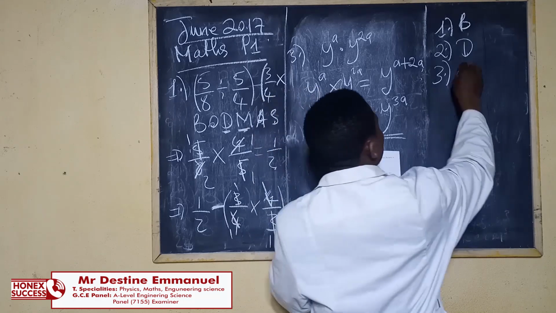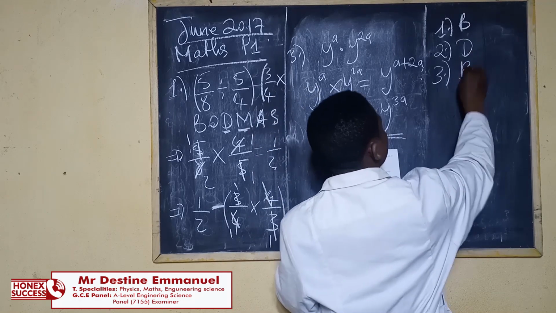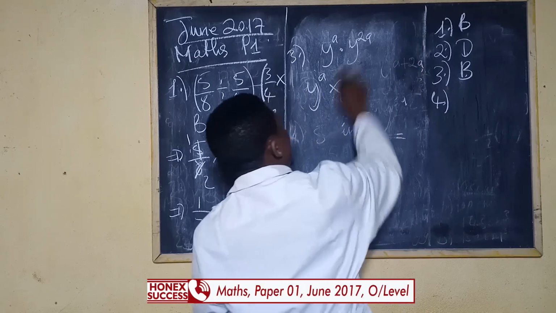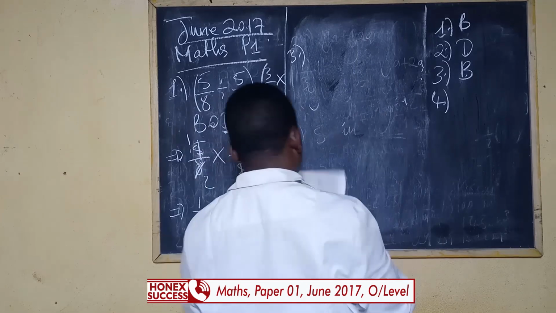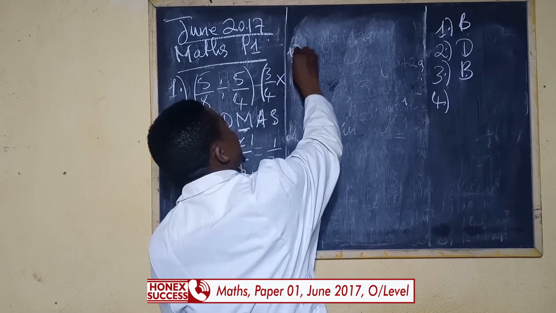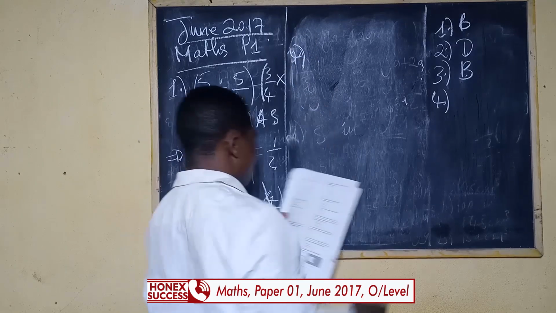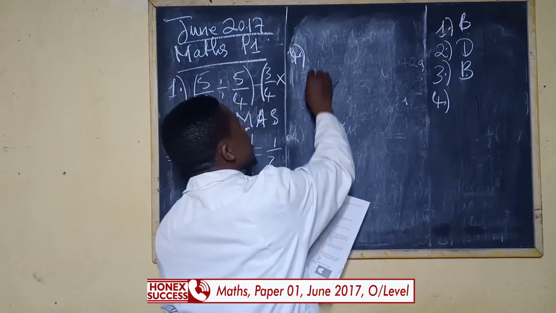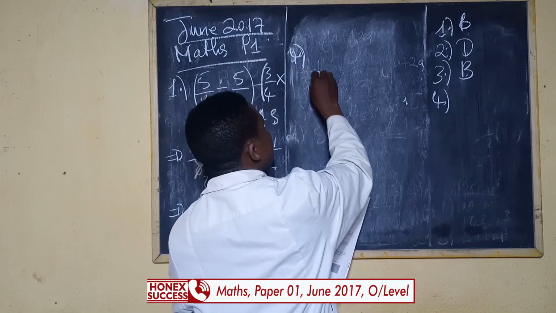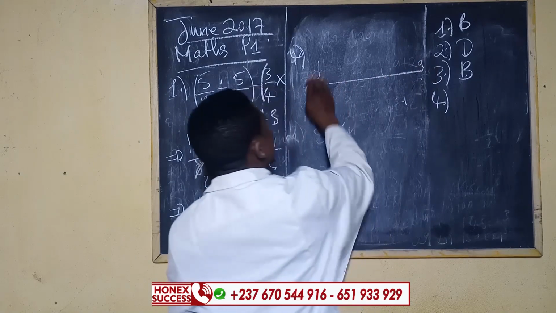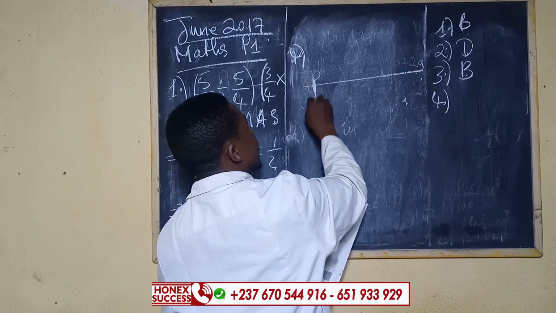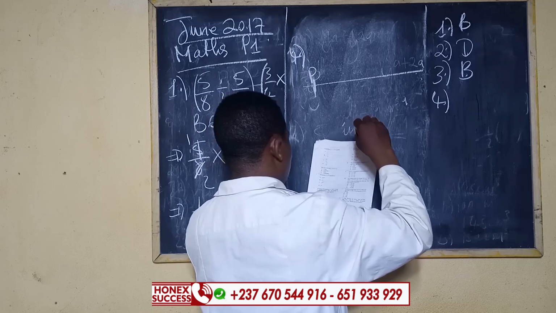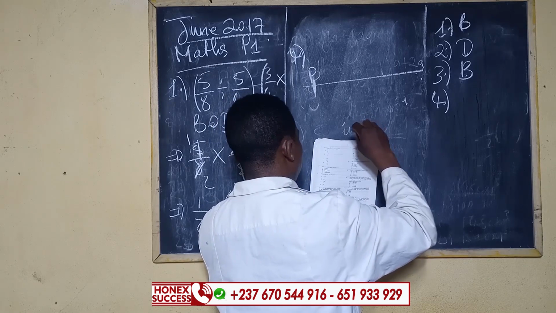We go to question 4. Question 4 says that at town P, let's sketch this. At town P, we have a number line. This town is called P, the temperature is minus 10 degrees Celsius.